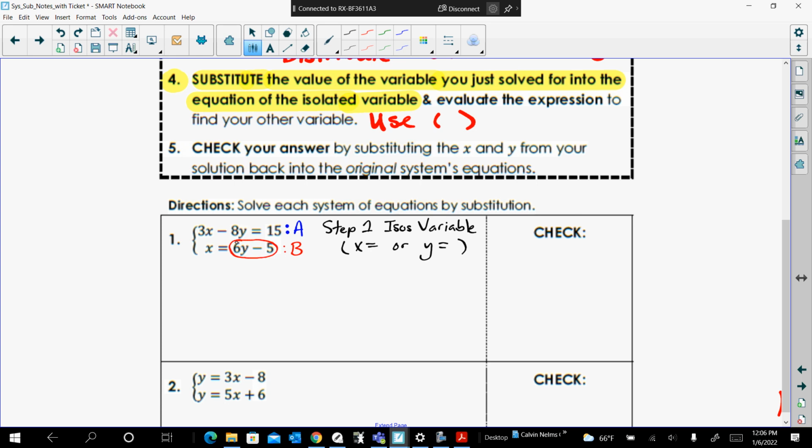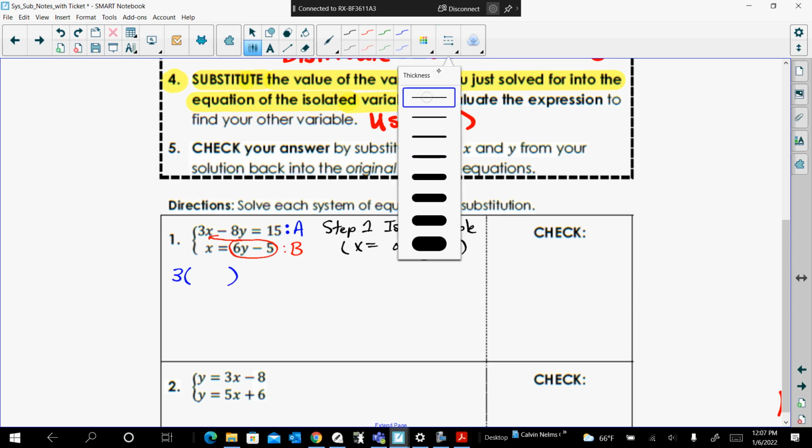6y minus 5. What we circle is what gets put into the parentheses. We are plugging it in. I'm going to draw an arrow pointing to the x. I'm plugging what I'm circling up into A for x. So that means we would have to write 3, then parentheses.